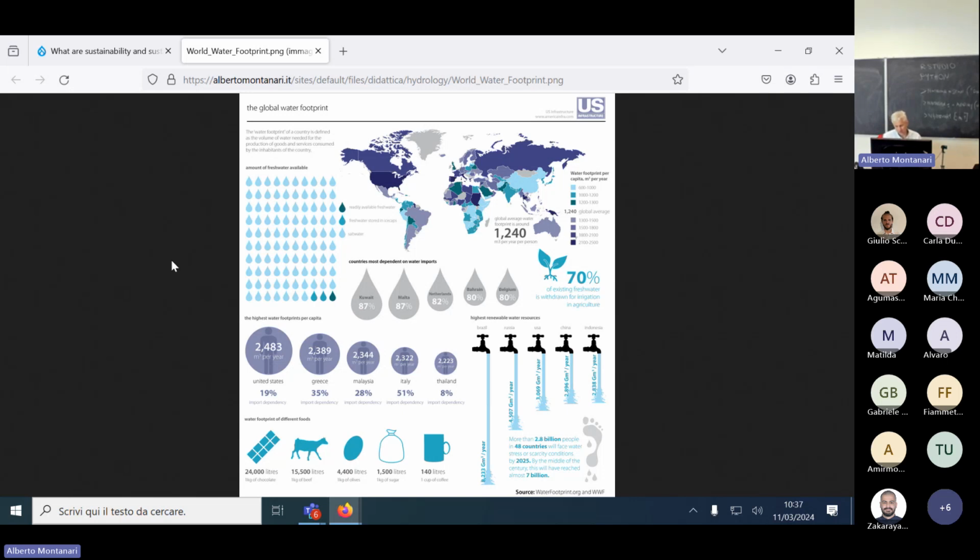It was introduced about 20 years ago, when we became aware that countries that were suffering from water resources availability decided to import food. So they basically didn't have enough water to produce food internally, and therefore they decided to import food.